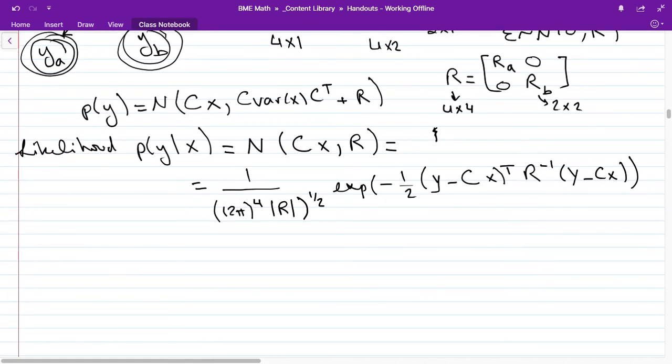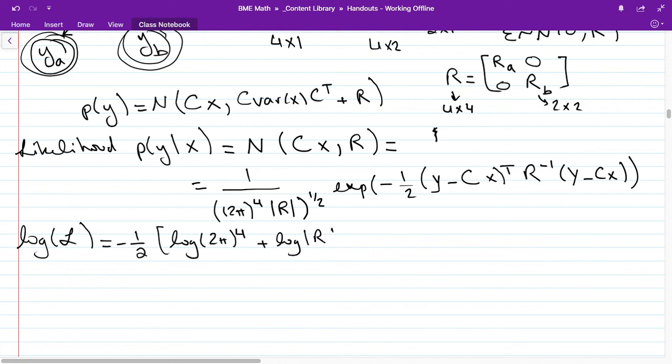So to find the parameters that maximize the likelihood, we find the log of the likelihood, which is the first term minus 1/2 times the log of 2 pi raised to the power 4 plus the log of the determinant of R, and then the second term, log of this exponential, which is minus 1/2 (y minus Cx) transpose R inverse (y minus Cx).